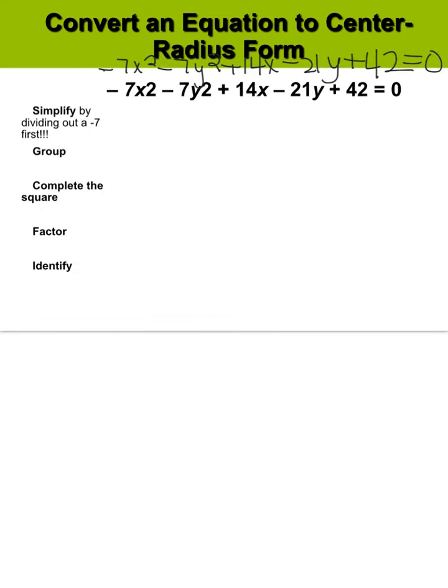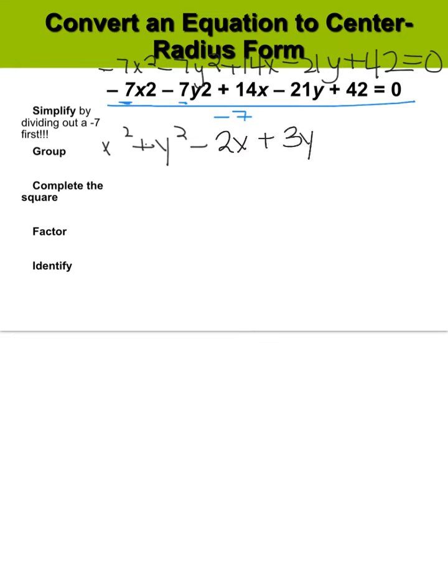Okay, when there's a coefficient greater than 1, all we do is divide out that number, and since these two are the same, I'm going to divide it out all the way across this equation. So we end up with x² + y² - 2x + 3y - 6 = 0.